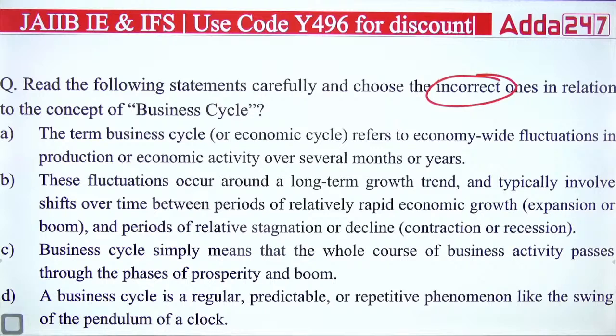Fourth is saying a business cycle is a regular, predictable or repetitive phenomenon like a swing of the pendulum of a clock. So you have to answer here the incorrect one. A, B, C or D. Which statement is here incorrect about your business cycle?